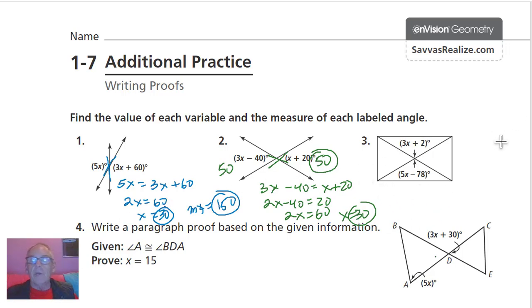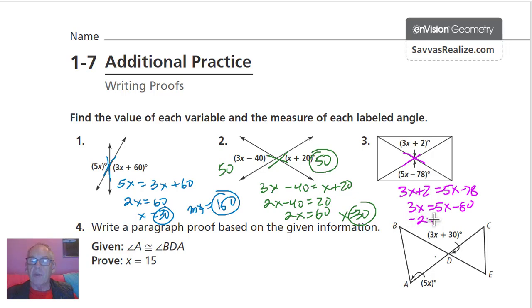If we look at number 3, these are vertical angles. So 3x plus 2 equals 5x minus 78. Take away 2 from both sides. 3x equals 5x minus 80. Take away 5x from both sides.